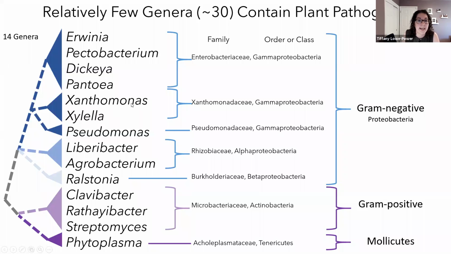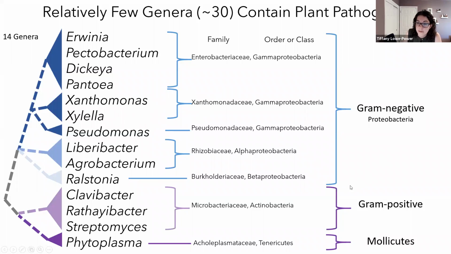And next lecture, I'm going to highlight how these different bacterial groups have convergently evolved to have overlapping disease traits and overlapping ecological strategies with transmission and some of their pathogenic strategies.